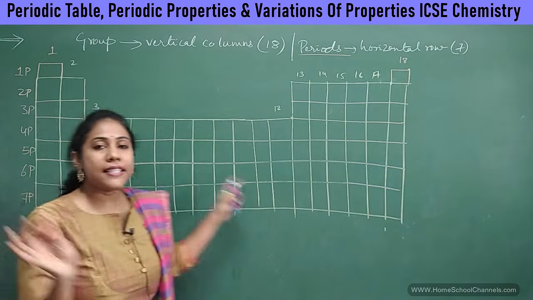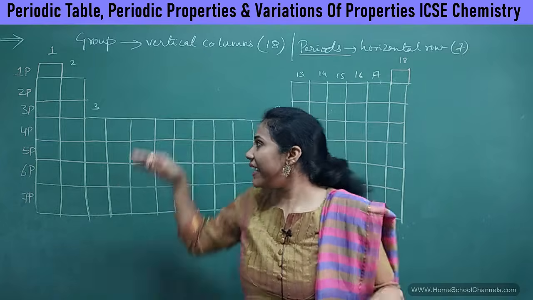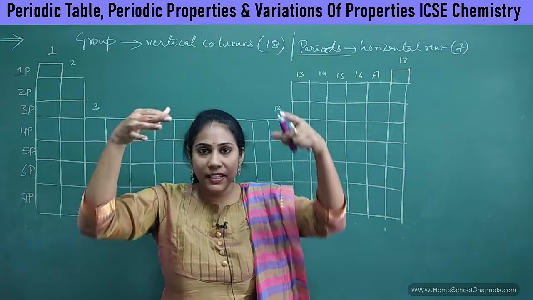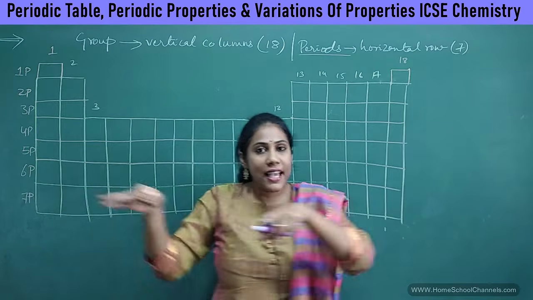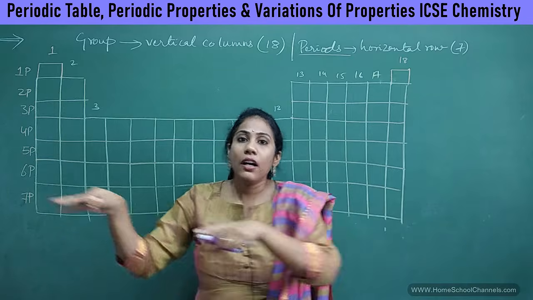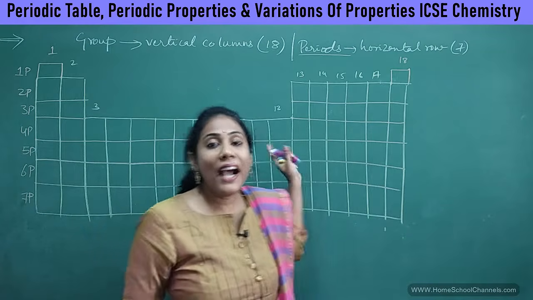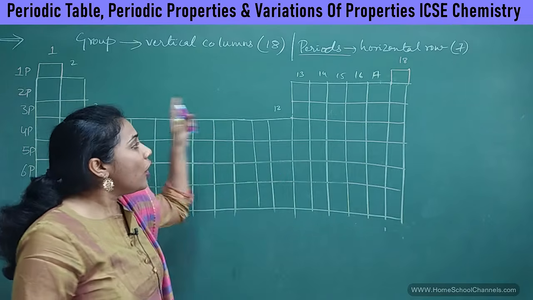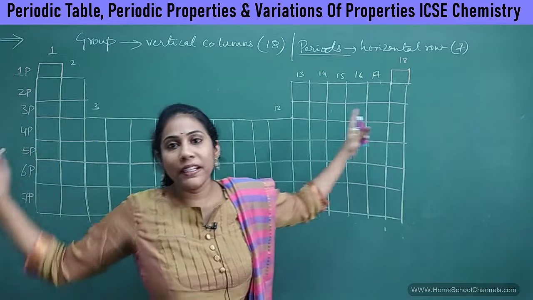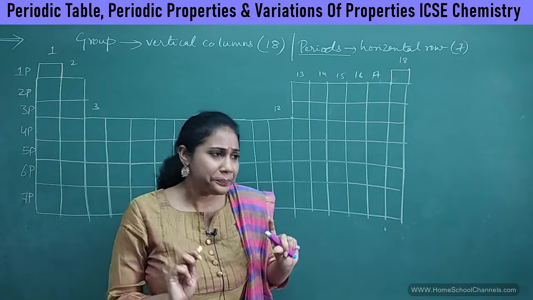So this is how a table will have 18 vertical columns, that is 18 groups, and 7 horizontal rows, which are called periods, right? Now I am arranging all the elements in this table.